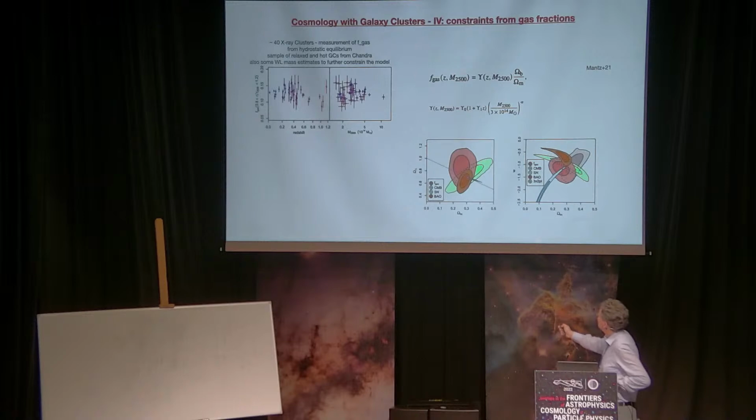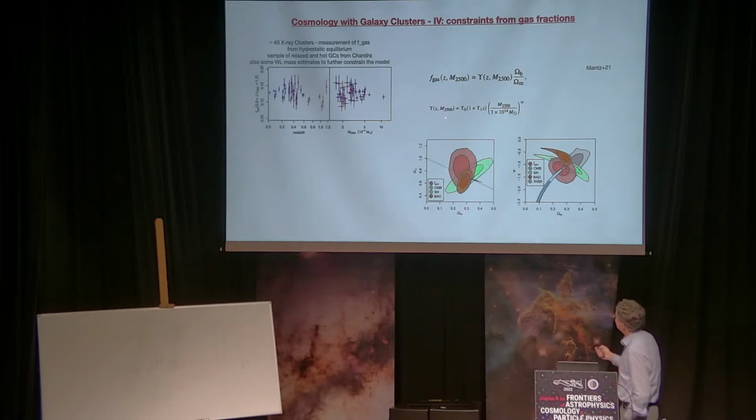What did they do? They measured the gas fraction out of X-ray data, people like Steve Allen and others. It's relatively easy out of X-ray data, because you assume hydrostatic equilibrium. And they modulate this with a function, capital gamma, times the cosmic value.